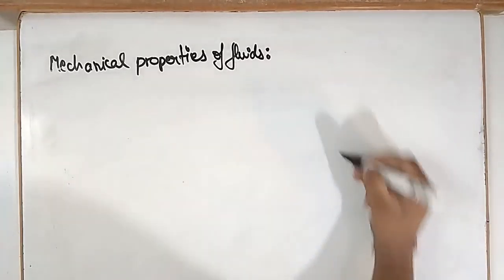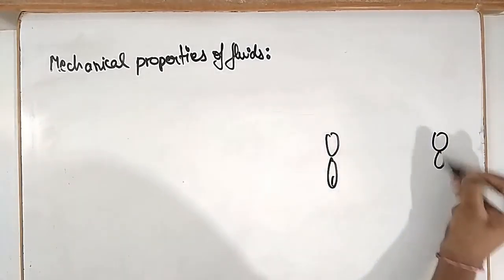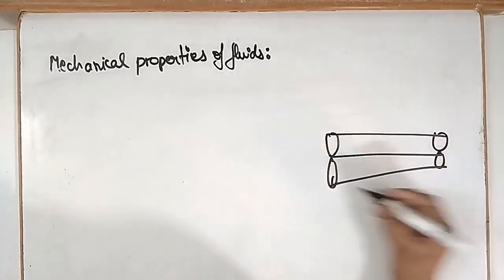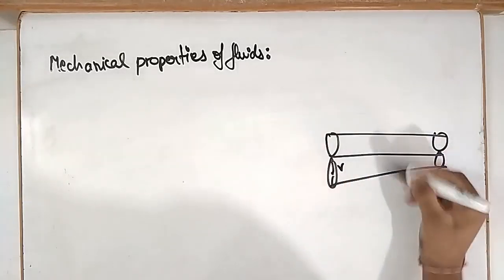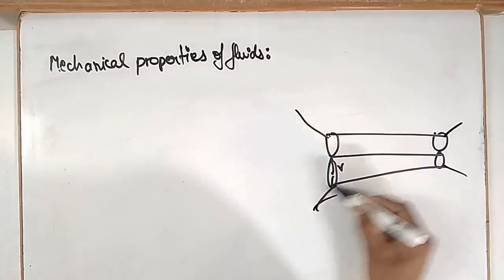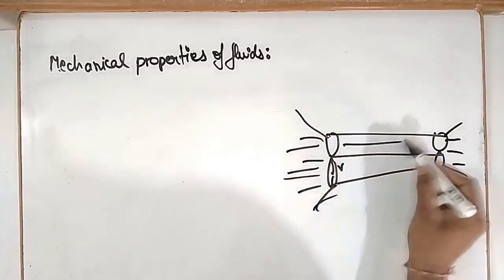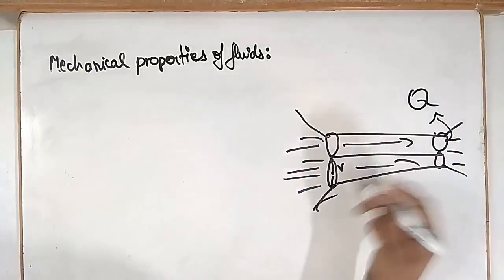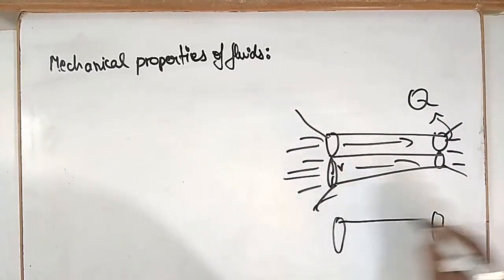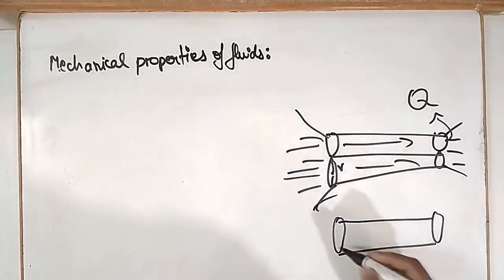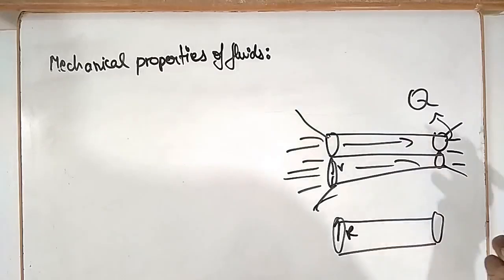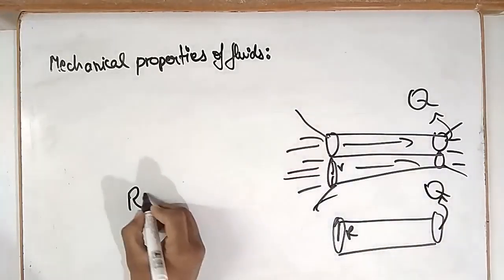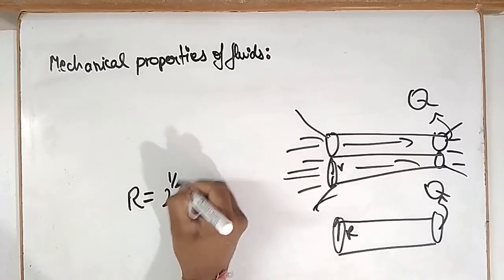Now, if two capillary tubes, each of radius r, are joined in parallel, that means the fluid is flowing through both of them, and the rate of flow is Q. If you have to replace them by a single capillary of radius capital R, given that the rate of flow has to remain constant Q, then capital R is equal to 2 to the power 1 by 4 r.